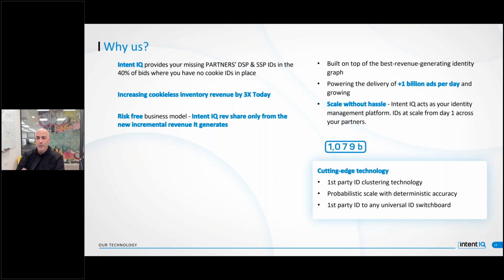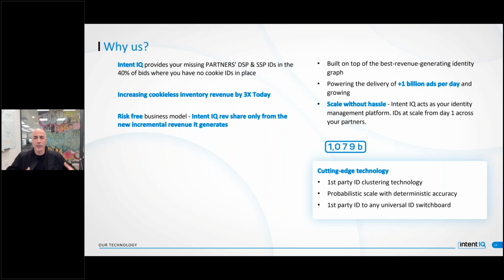Let's give a few words about scaling without hassle. IntentIQ acting as your identity IDs platform, identity management platform. IDs at scale from day one across all of your partners. So if you think about it, you could be having X amount of platform right now, but you could add any number of IDs regardless of the demand.